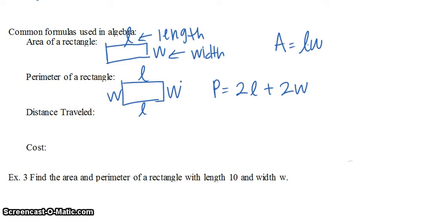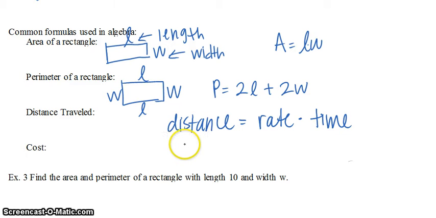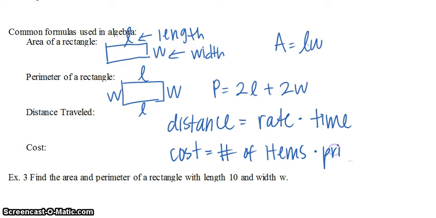And distance traveled is distance equals rate times time. And cost equals the number of items times the price, because if it costs $5 and you have bought 5 of them, it's going to be $25.